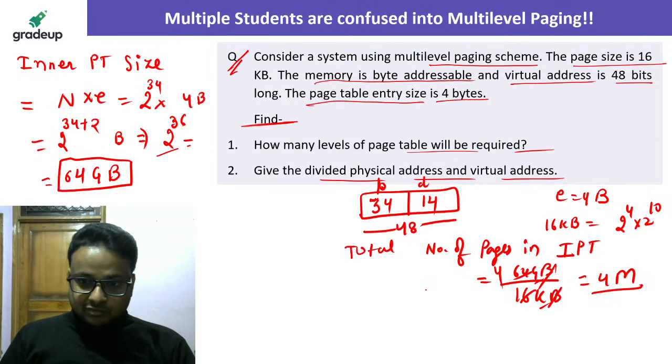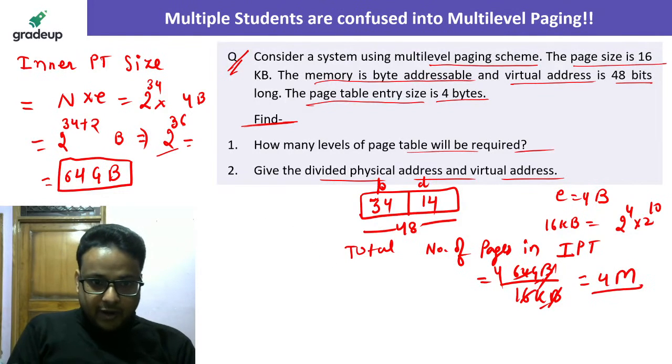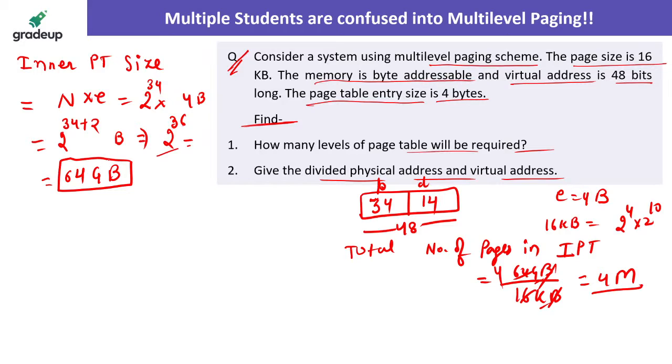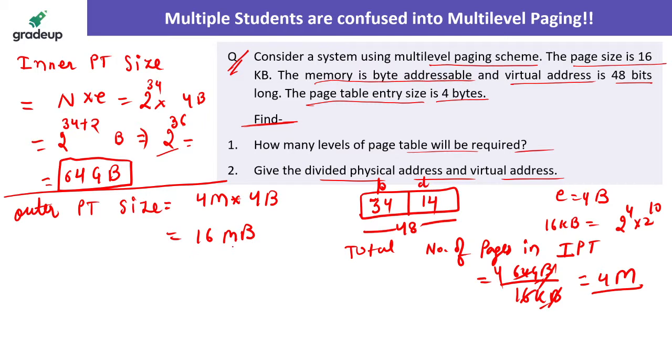Again, now if you try to find the outer page table size, the outer page table size will be 4M multiplied by E, and E is 4 bytes, right? So 16 MB, and again 16 MB cannot fit into 16 KB, so again you have to divide it.